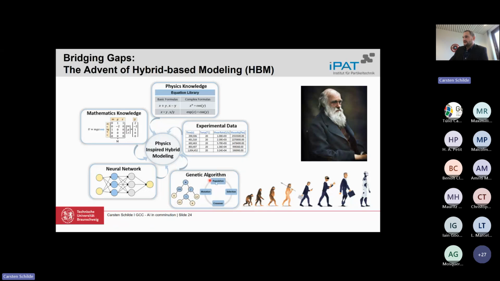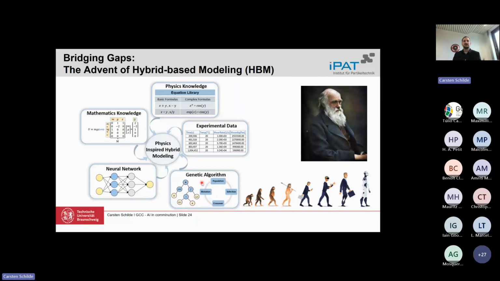And here on the bottom right, we have our model equations in a kind of tree structure. And this tree structure exists several 10,000, 100,000 times. And between these tree structures, we try to find the best one using the basics of evolution with selection, crossover, and mutation algorithms.